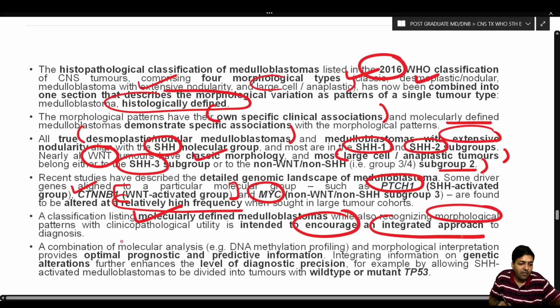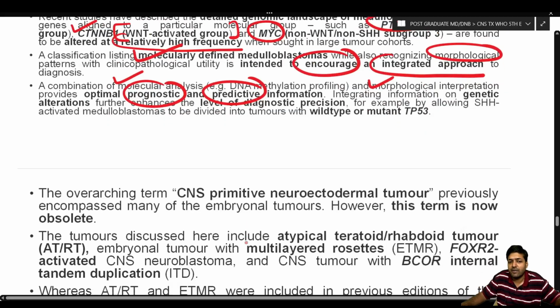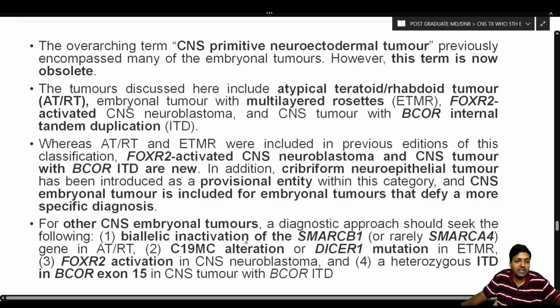So the combination of molecular analysis and morphological interpretation provides optimal prognostic and predictive information, as we have already seen. Therefore, integrating both the molecular and the histological diagnosis is of utmost importance in the current WHO 5th edition of CNS tumors.